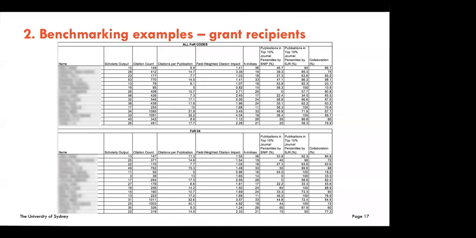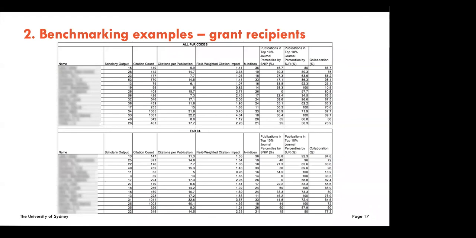So I'm not sure which row here is the person in question, but it's all the same stuff that's in that table 2, but it's just against people who have received future fellowships within FOR 04, which is geology and geoscience.